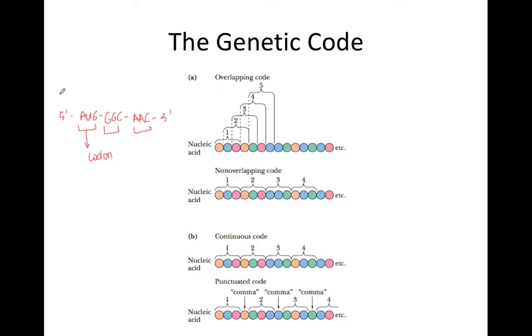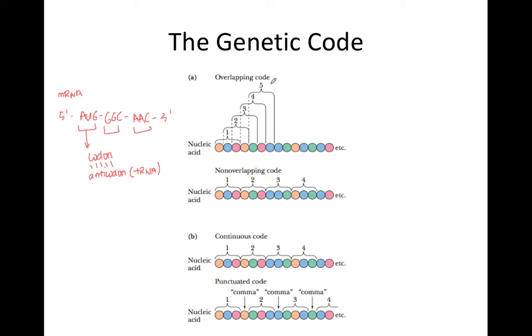So that is for the mRNA, whereas the anticodon, which is basically the part that is complementary to this, is found in your tRNA. So in the genetic code, for a specific sequence, there is a corresponding amino acid.